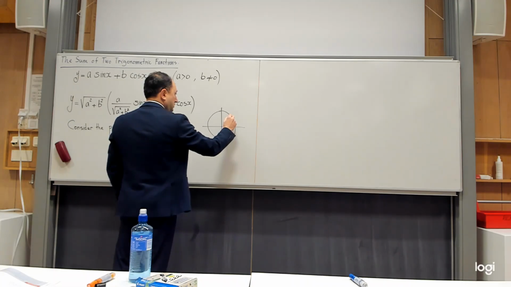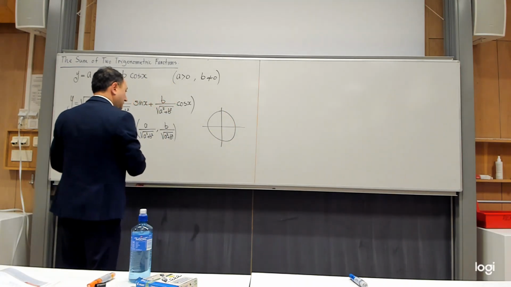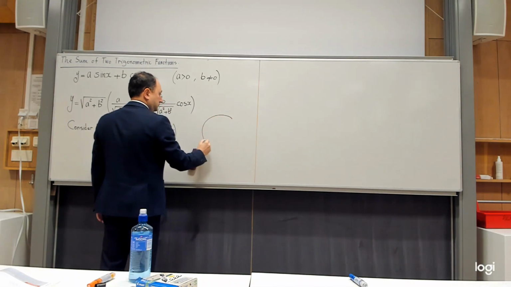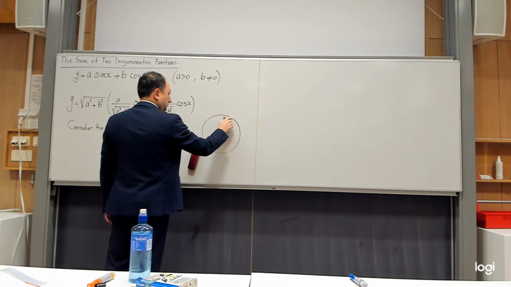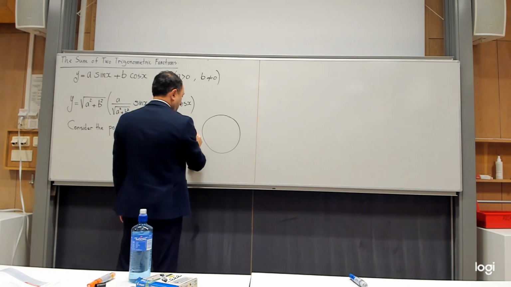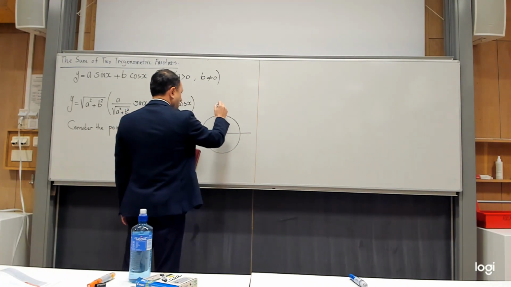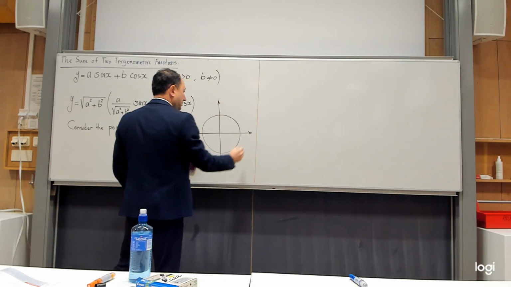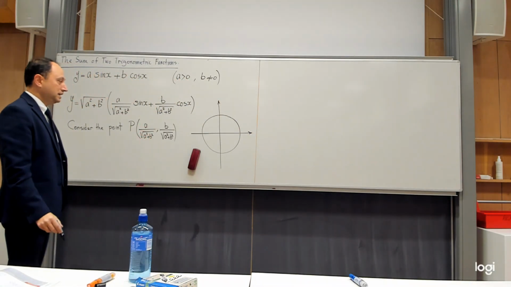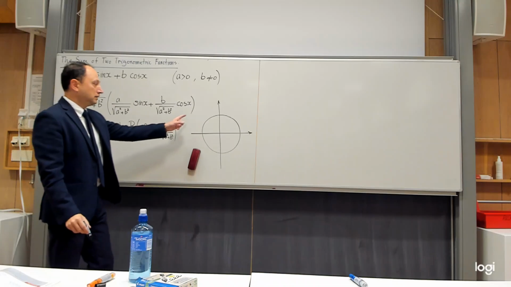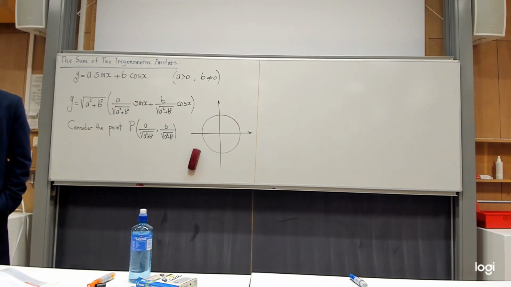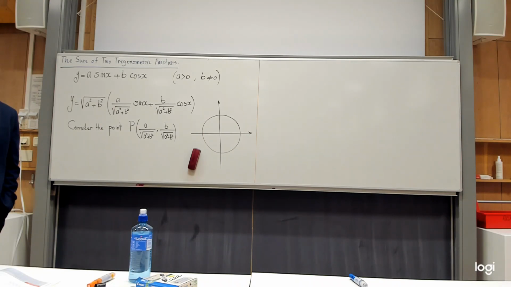So this is the unit circle, for example. Make it better. So why do you think this point, regardless of the values of a and b, is definitely somewhere on this unit circle? Why is that? Or at least tell me, how should I discover if this is true or false?